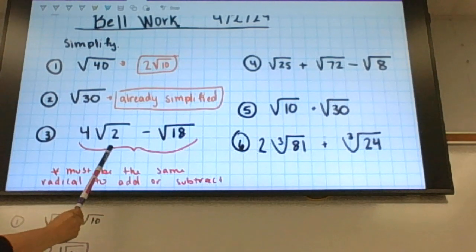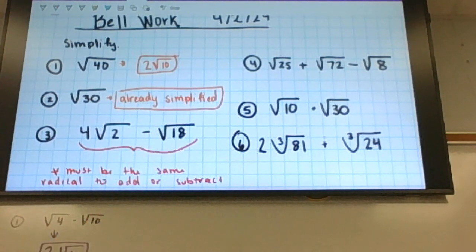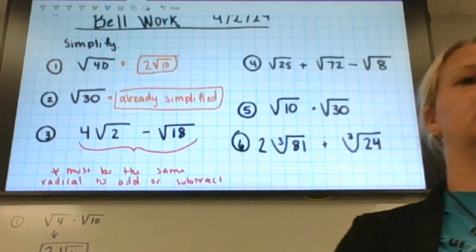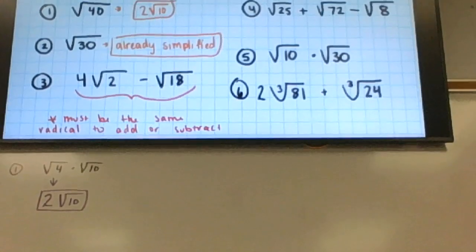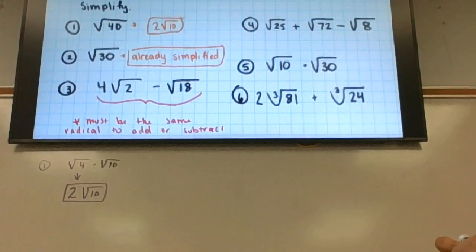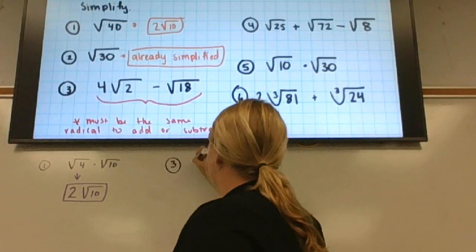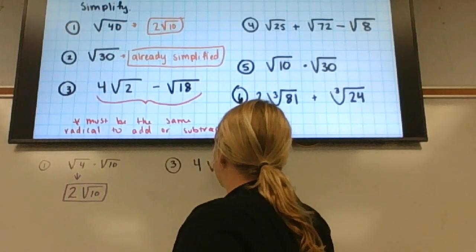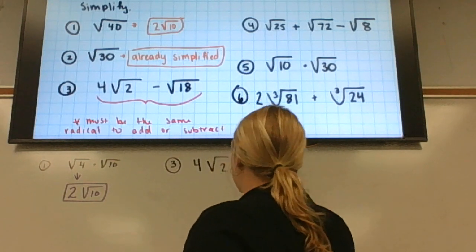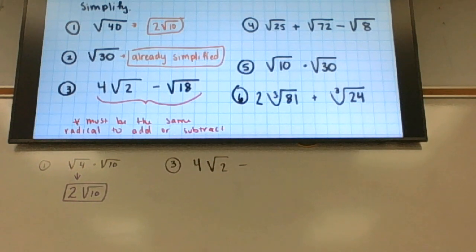Think about this number, can it simplify? Think about this number, can it simplify? So 2 doesn't simplify. 2 is one that's always stuck under the radical.